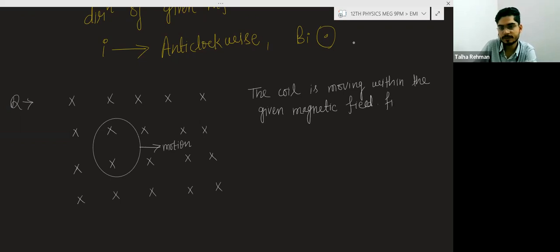We have to find the direction of induced current in the coil.